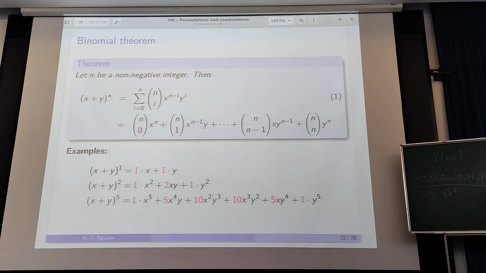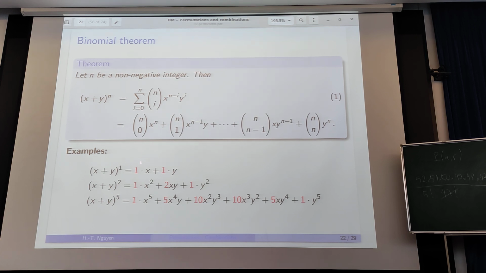So if n is equal to 1, we have two terms. Okay? So you can see that the indices below run from 0 to n. So for n, there are n plus 1 terms on the right hand side. So here n is equal to 1, you have two terms in the sum. For n equal to 2, you have 3 terms. And for n equal to 5, you have 6 terms. Okay?